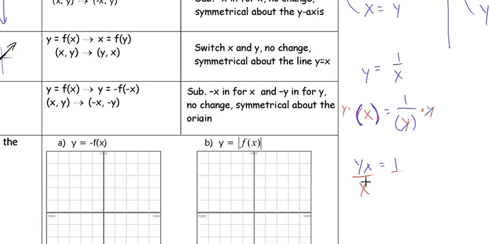So divide each side by x, which leaves us with y, because x divided by x is 1, leaving us with y equals 1 over x. And we're back to our original function. So it is symmetrical. We substituted our x and y values, solved for y, and it was the exact same function. Hence, it is symmetrical.